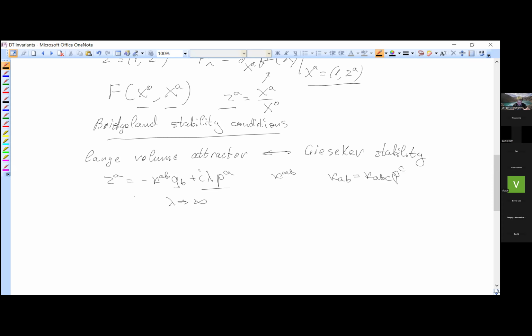But since we're interested not in the point, we can talk about a chamber, right? Because for DT invariants, I thought a chamber is kind of an open domain. Yes. Well, we are interested in the chamber around that point, if you wish.